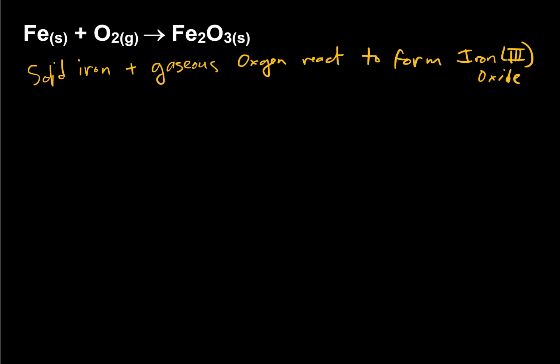So in this case, we have taken an equation and just turned it into words. The only thing that I should probably put here is instead of a plus, I should probably say and. So solid iron and gaseous oxygen react to form iron 3 oxide.